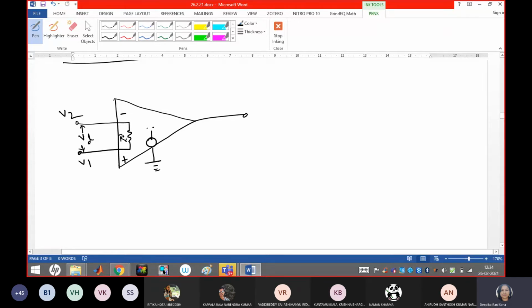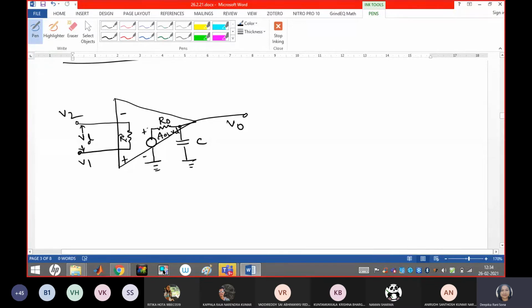For drawing purposes only I am drawing this outside of the op-amp, but it is not like that. This is C and this is R0 and this is our B0, and here we are getting AOL into VD.